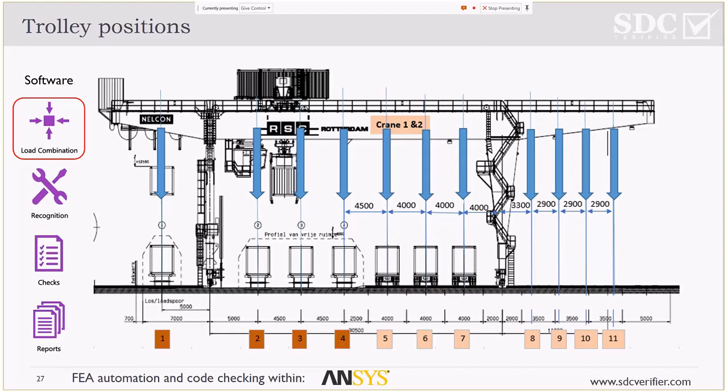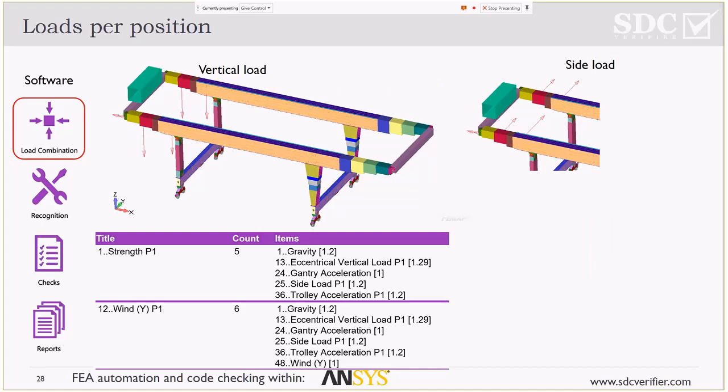We have 11 different positions, so for every position we need to set up the situation. For a single situation, we need to apply, of course, the gravity with the partial load factor. We need to set up the hoisting load. We need to apply the situation whether the crane moves or not, in that direction.